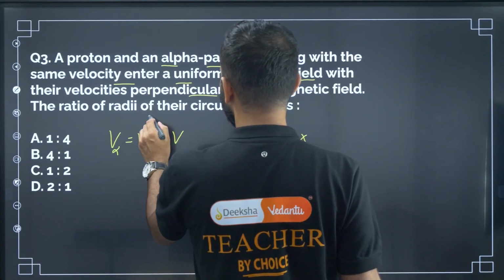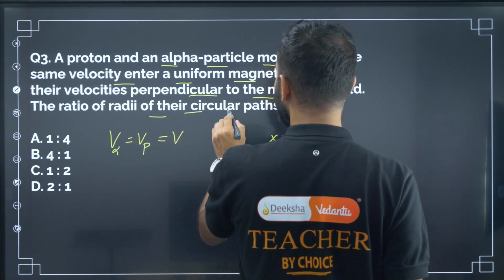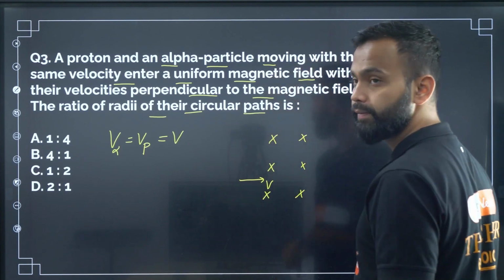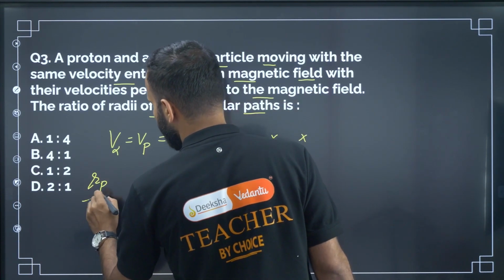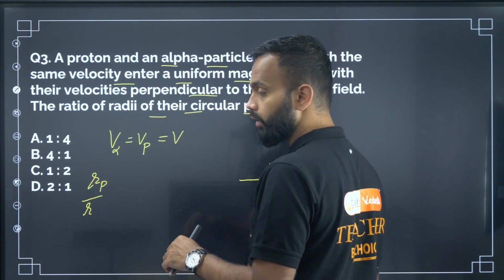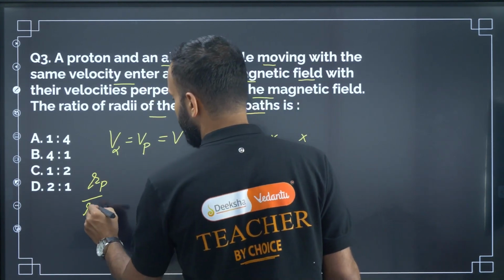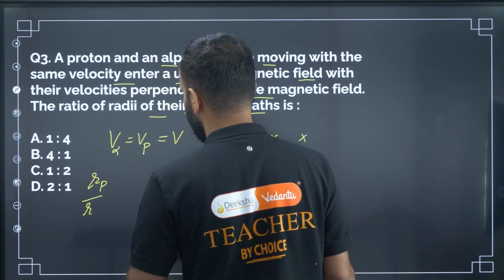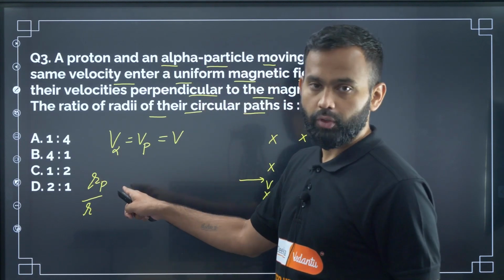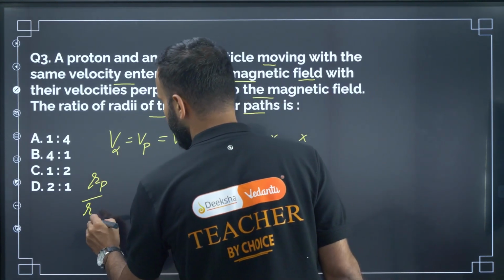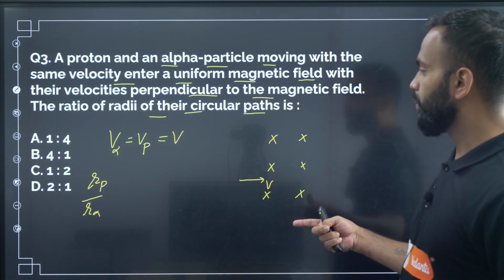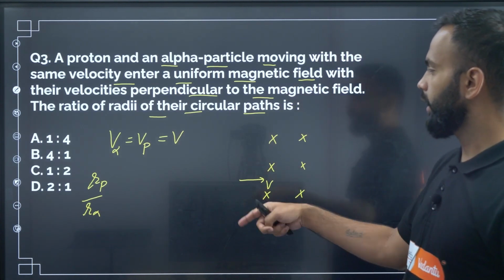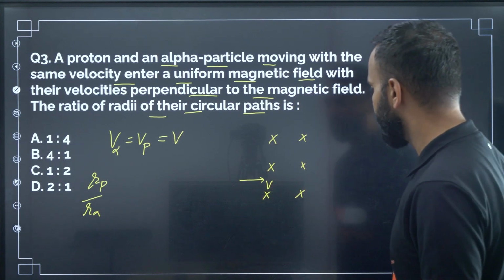We need to find the ratio of the radii of the circular paths taken by the proton and by the alpha particle.